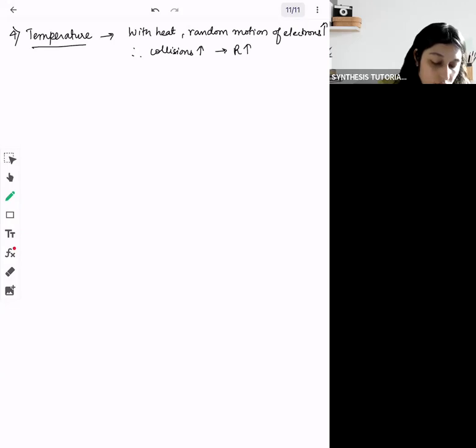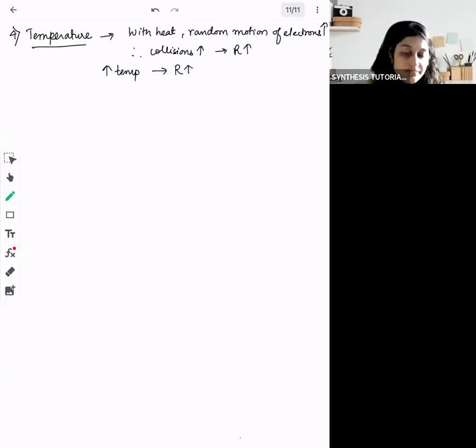Okay, so increase in temperature results in increase in resistance. Okay, that's about it. इसमें और कुछ तो है नहीं. Also one thing that we need to note is glowing wala.